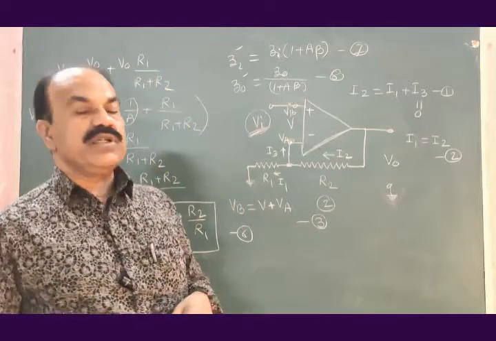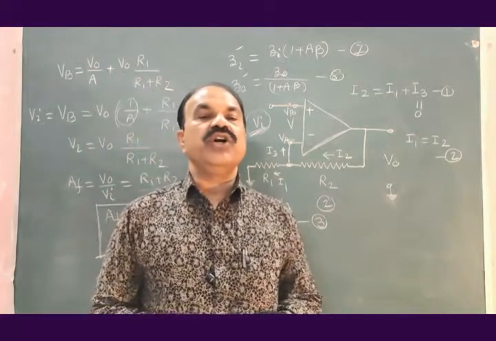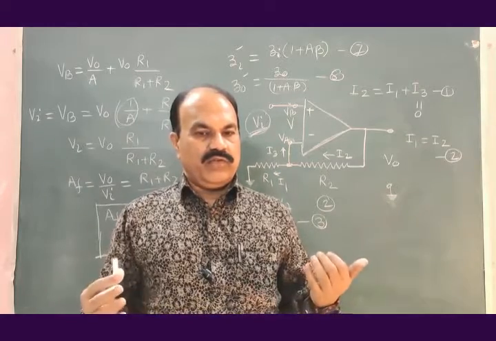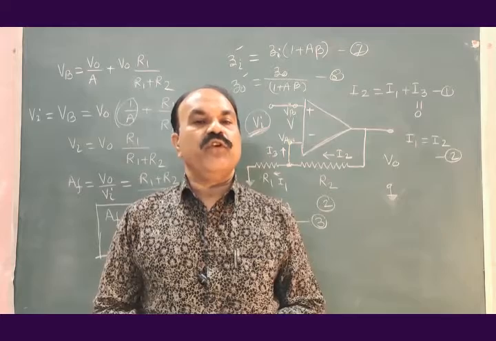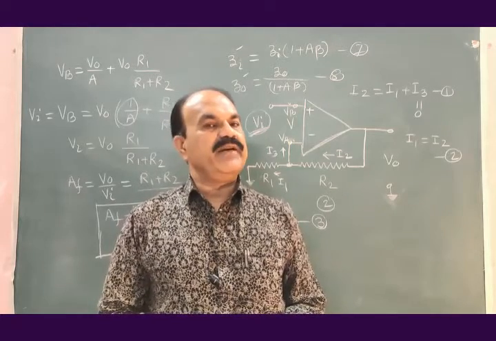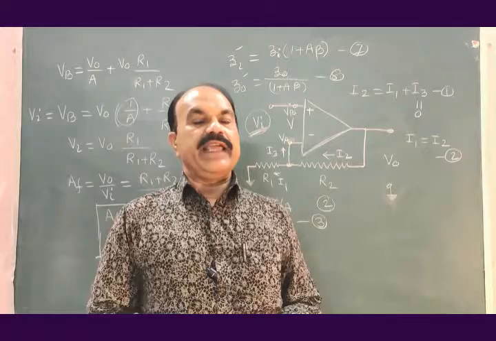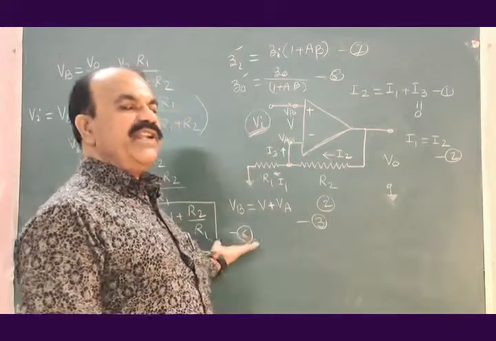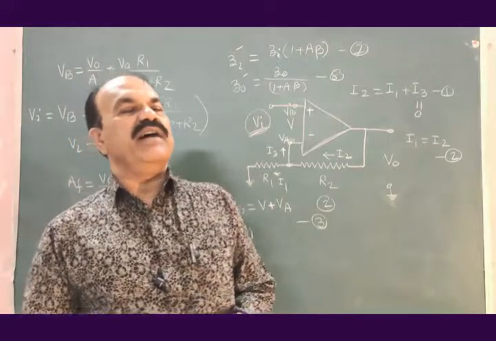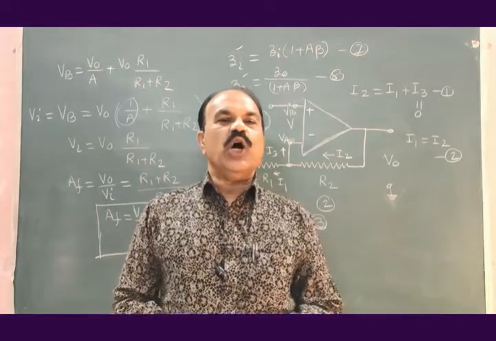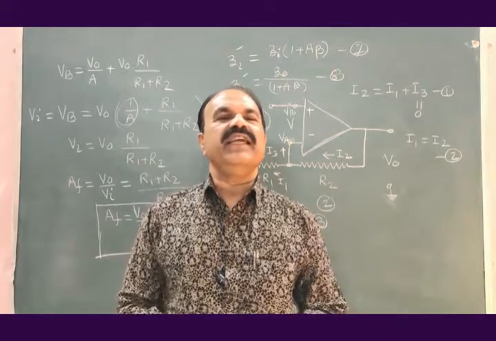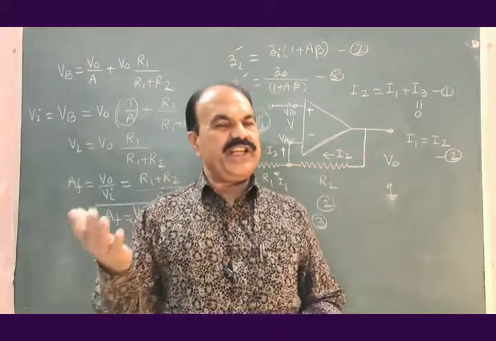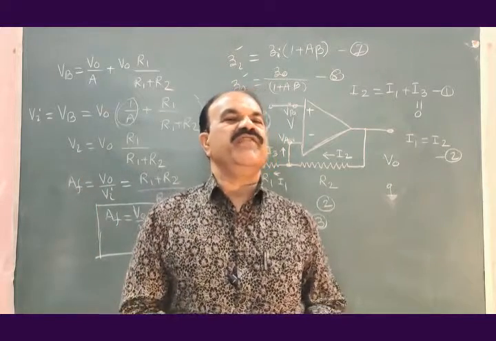This is about op amp as a non-inverting amplifier. One more thing I can tell you for inverting as well as non-inverting amplifier. Gain in inverting is decided by R2 and R1. Gain in non-inverting is also decided by R2 and R1, and therefore all types of voltages will be equally amplified by the operational amplifier when it is used in inverting mode, and when it is used in non-inverting mode.